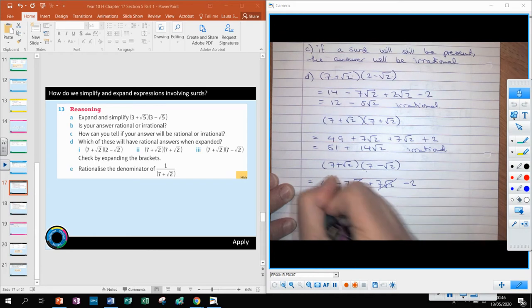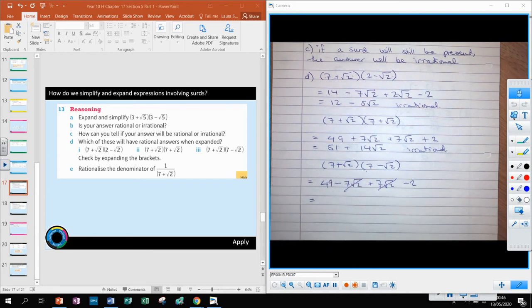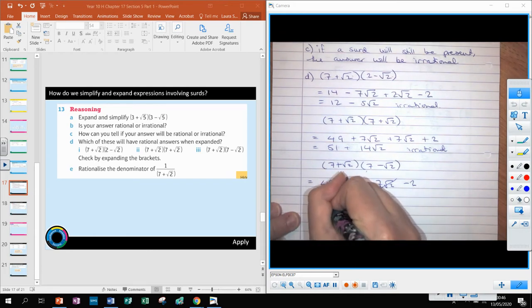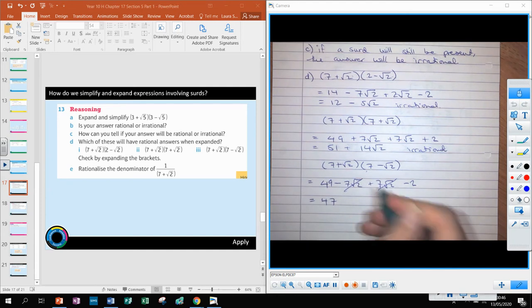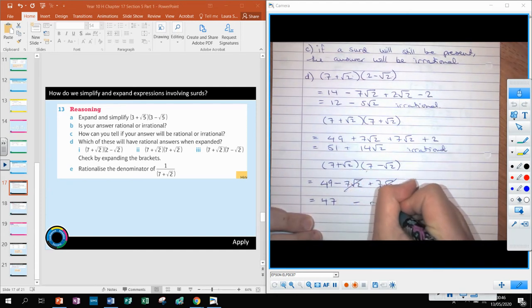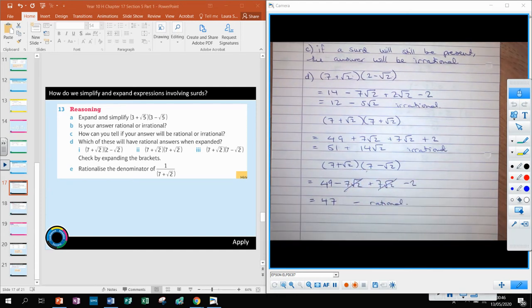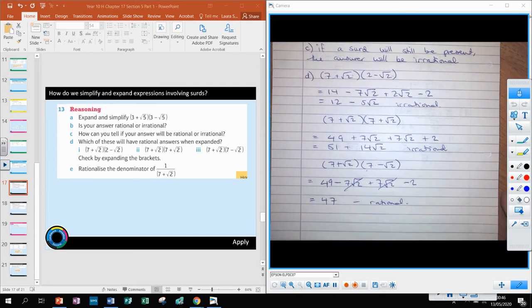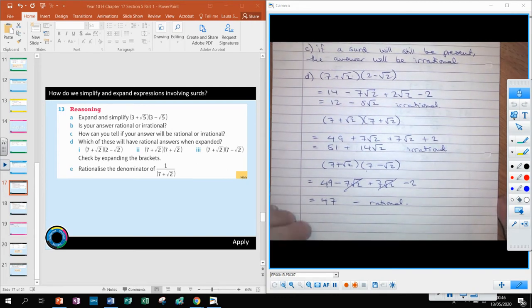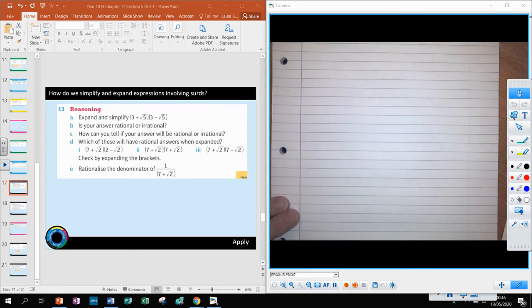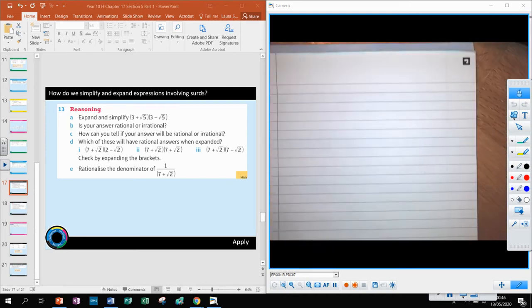Those cancel, and we get 49 take away 2, which gives us 47 as our final answer, and that is rational. However, we had enough background knowledge that we could tell that without actually calculating it, but we have now checked. So it then makes us apply this to part E, where it says to rationalize the denominator.